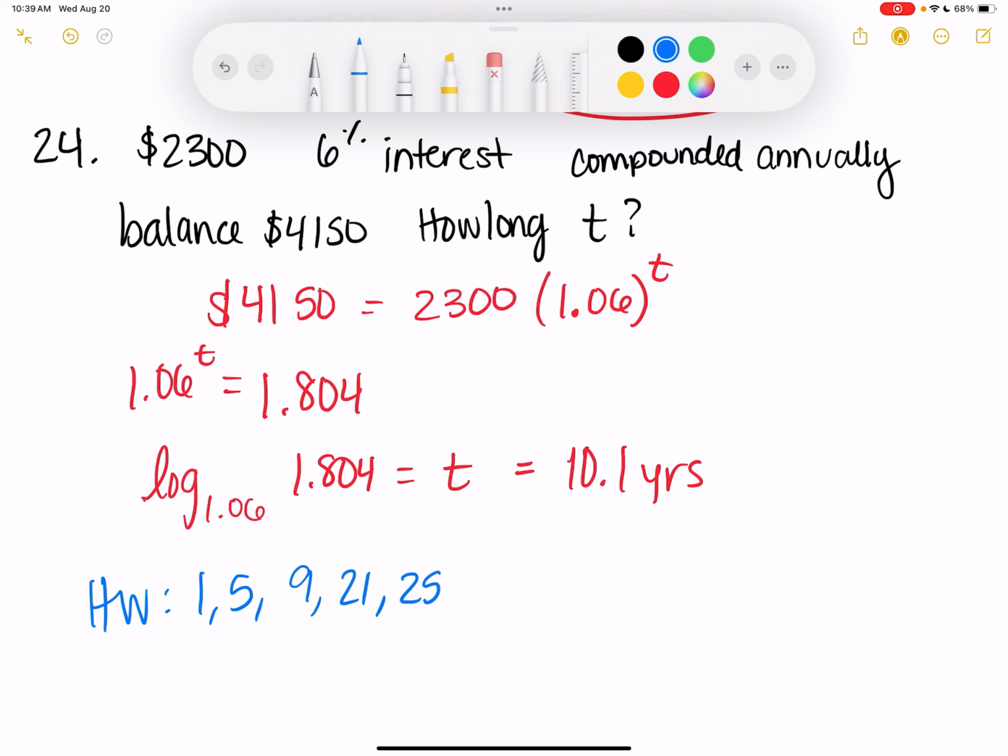If you want to do more than what I just told you, there's 2 more problems that aren't listed in this that you can do. Because the one is a bacteria growth problem, and that's very similar to the population growth one.